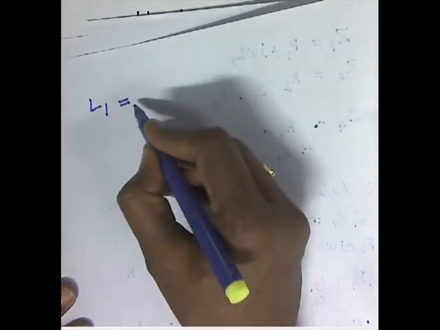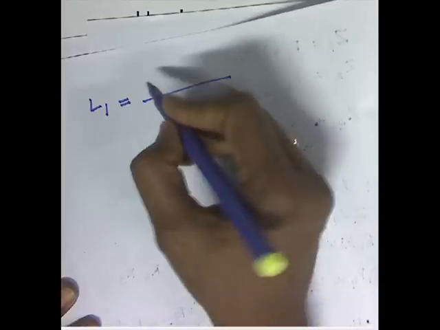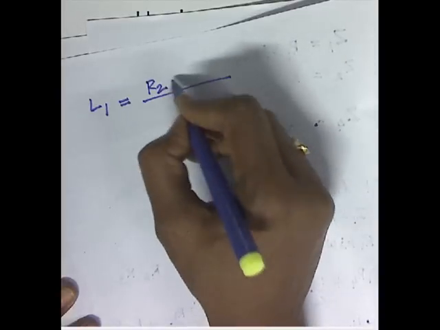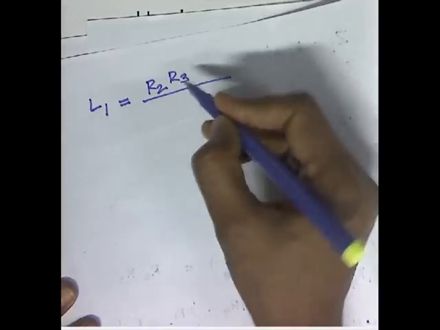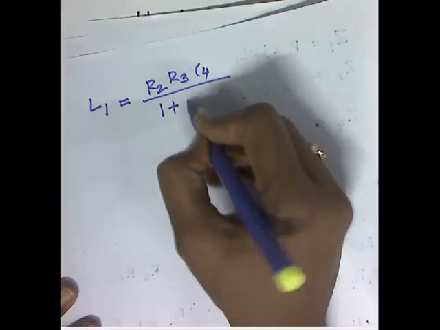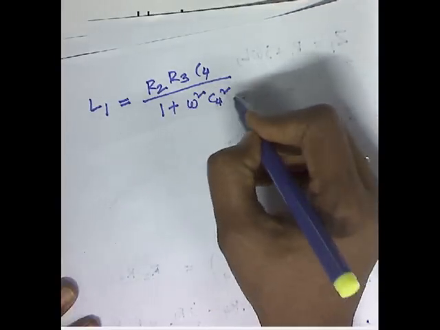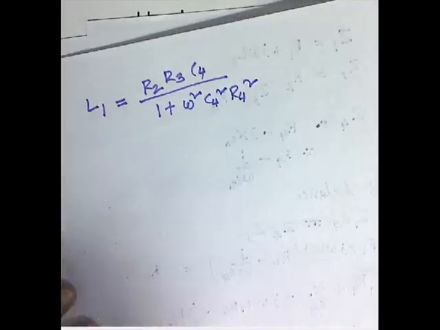So we have L1 is equal to R2 R3 C4 by 1 plus omega square C4 square R4 square.